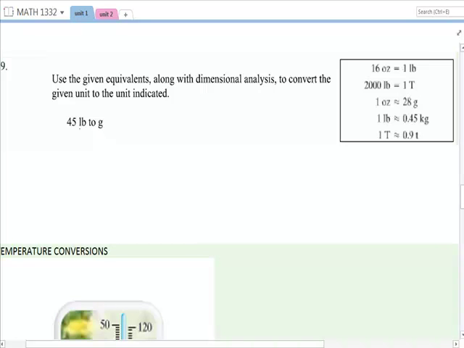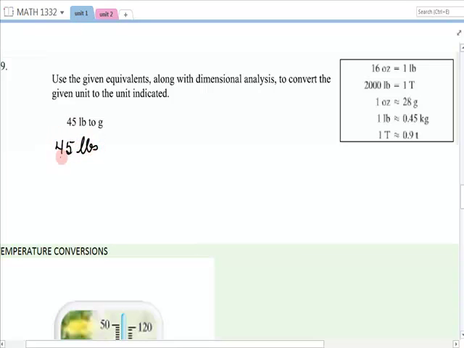What could I turn the 45 pounds into? Ounces. You know, that's exactly how the textbook did it. That wasn't what I did. That's what the textbook did, though. They changed the 45 pounds into ounces. So let's do that.